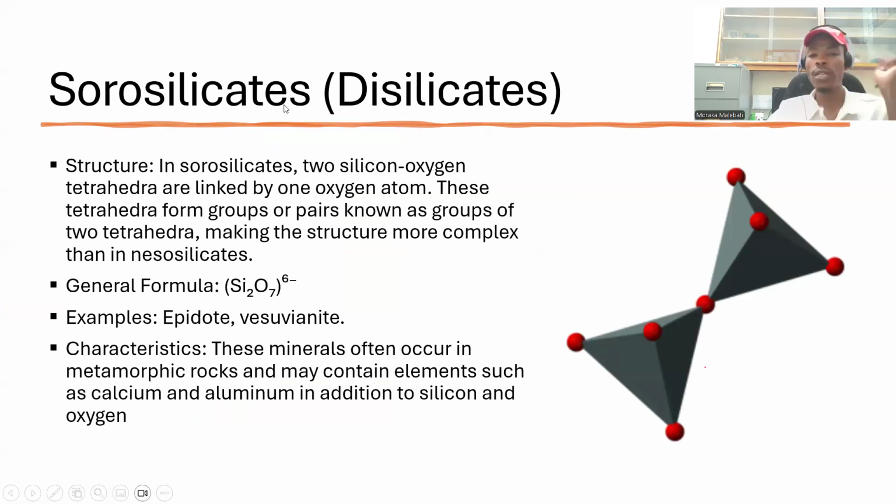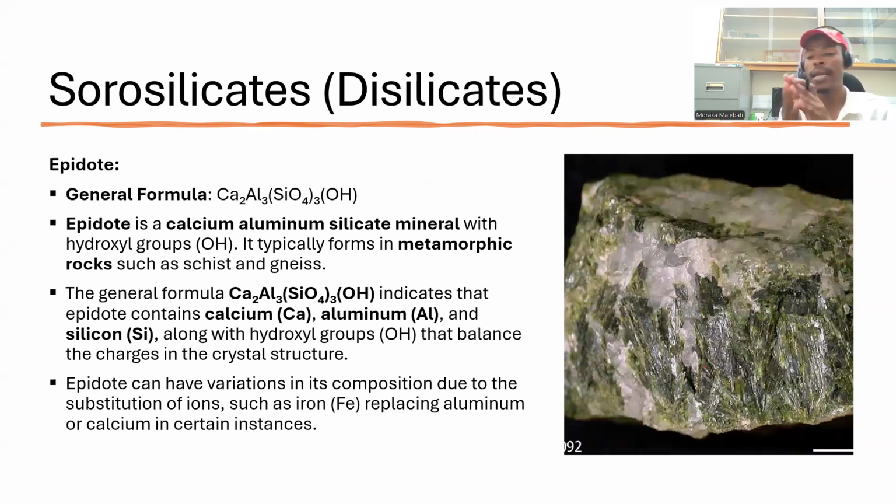And then now we've got the silicates wherein we've got these two pyramids which are meeting at a single point, for example, the epidote and the vesuvianite. These minerals occur in metamorphic rocks and may contain elements such as calcium and aluminum in addition to silicon and oxygen.